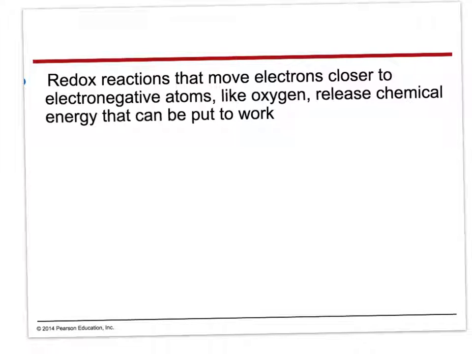Oxygen is one of the most electronegative atoms, so it attracts electrons. Just like when we talked about the shape of the water molecule, its polarity is because oxygen has a high electronegativity. Those electrons are attracted to it, so you get polarity. Okay?